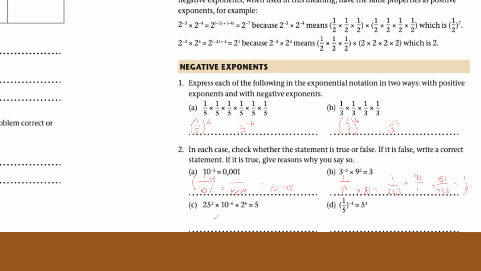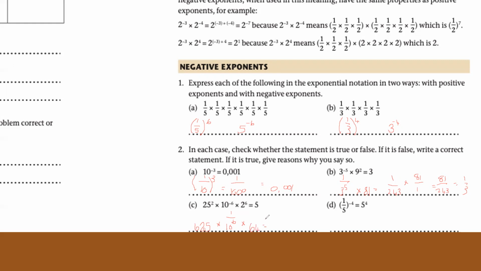Alright, looking now at this one. 25 to the power of 2 is 625. Then when you multiply by that, I've just made it positive now. You can write it like that because 1 to the power of 6 also just means 1. And then you multiply. 2 to the power of 6 is 64.